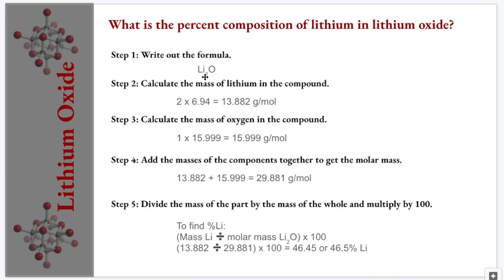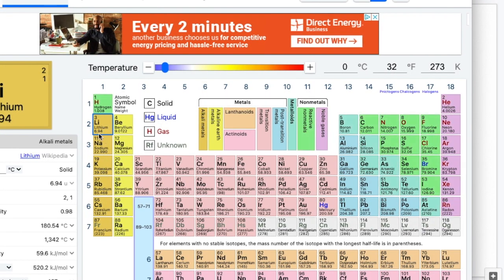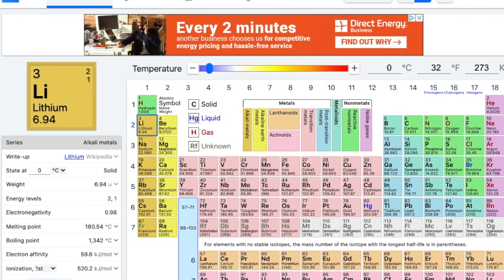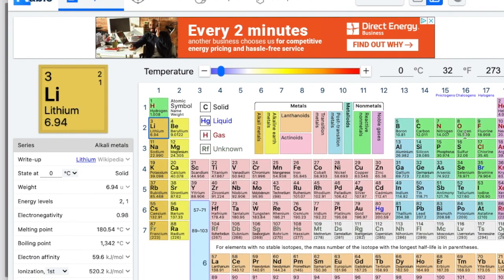So lithium, we have 2, oxygen, we only have 1. Then we're going to multiply that by the atomic mass number that we have on the periodic table. So lithium is going to be 6.94, oxygen is going to be 15.999.